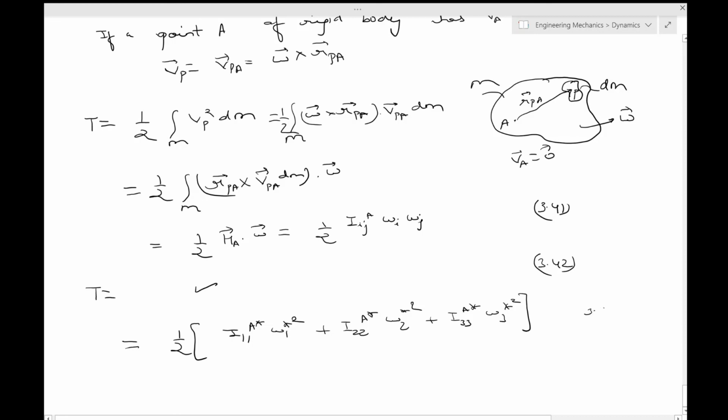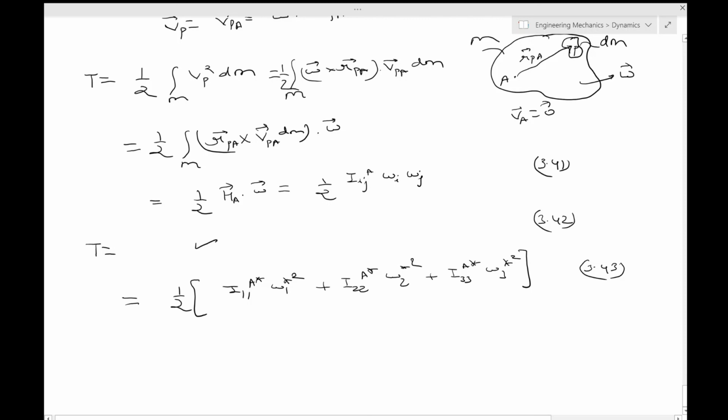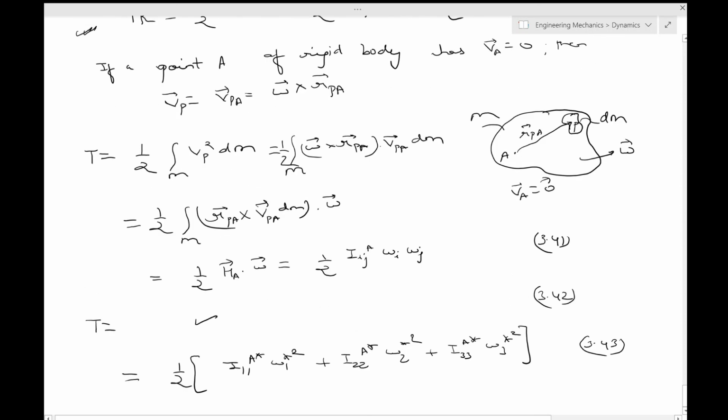This is 3.43. Again, this refers to the principal axis. So the way this kinetic energy has been calculated over here is just that you take up a small mass of it, and what would be the kinetic energy of that mass, and then integrate this over the whole volume. So that has been done over here.